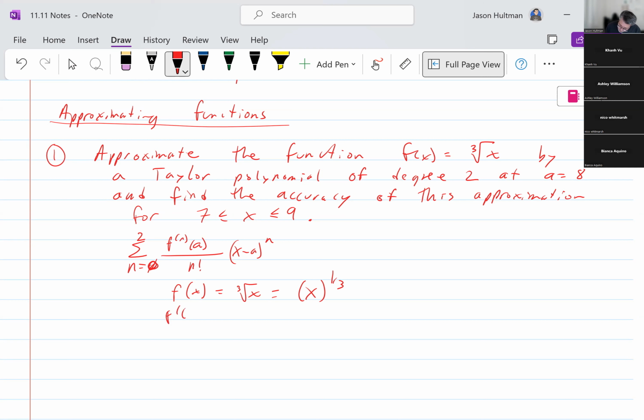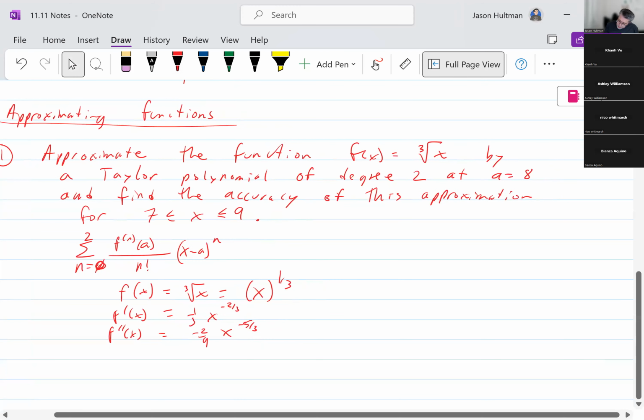So f prime of x is going to be, bring down the 1/3, and this gives me x to the negative 2/3 power. f double prime of x is going to be negative 2/9 times x to the negative 5/3.